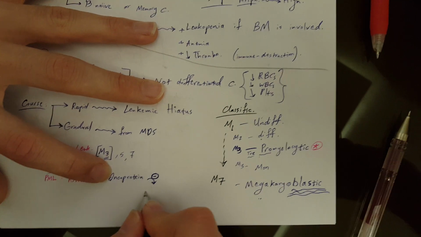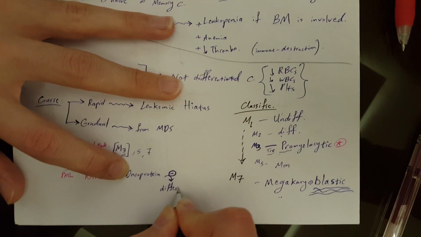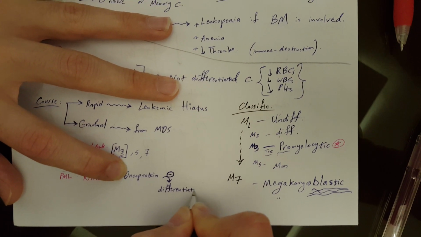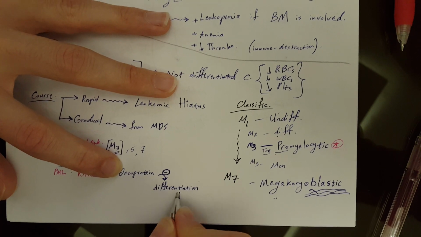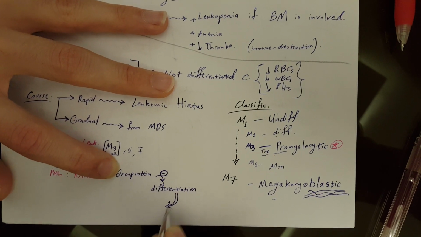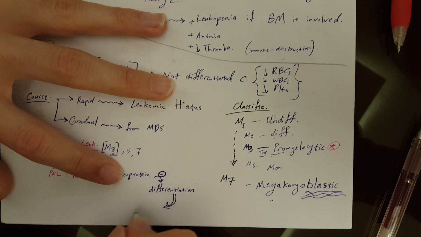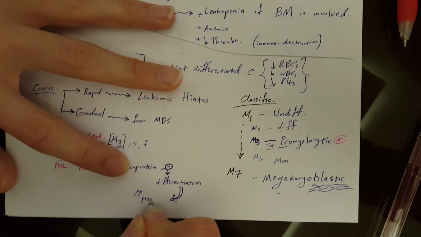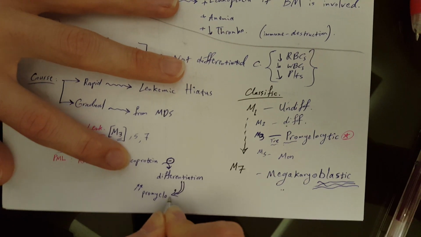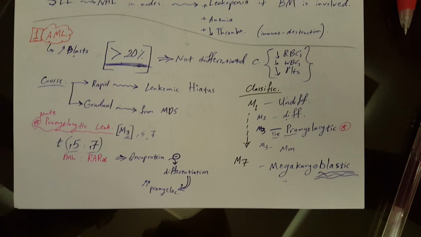So the oncoprotein inhibits what? Differentiation. So it inhibits differentiation, which leads to accumulation of promyelocytes. Very, very high promyelocytes. Okay?